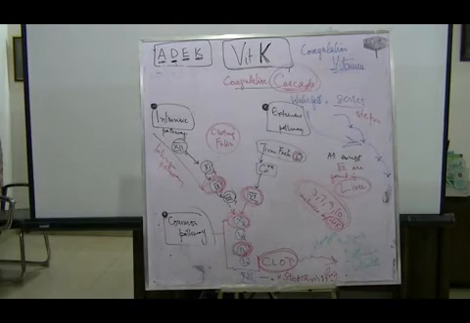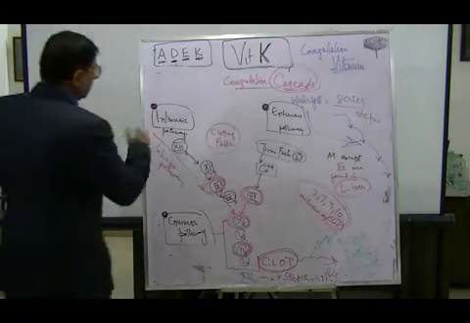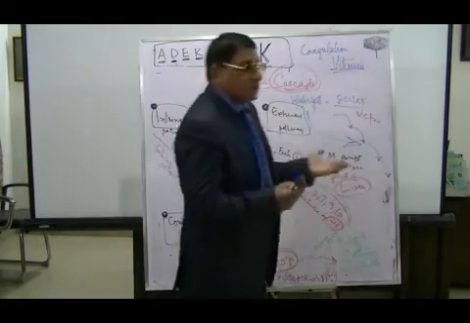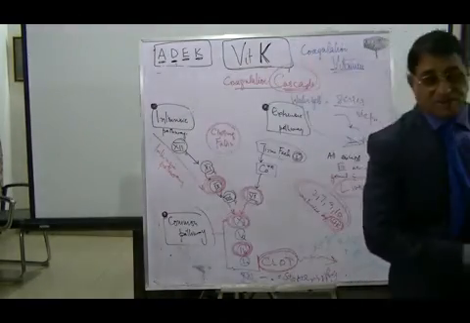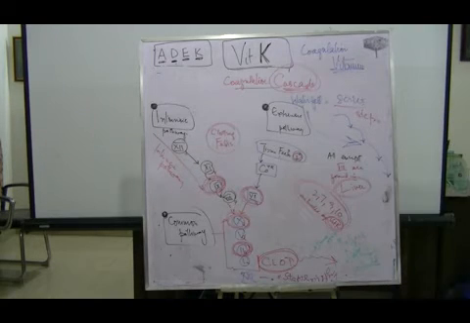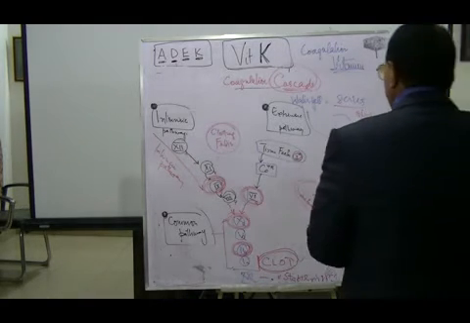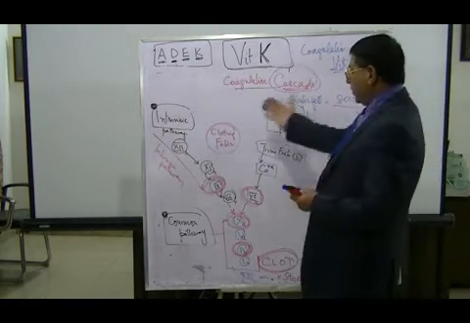It speaks for itself. The name of vitamin K is the coagulation vitamin. So it explains itself. It helps in coagulation. And what is coagulation? Well, the formation of clot.